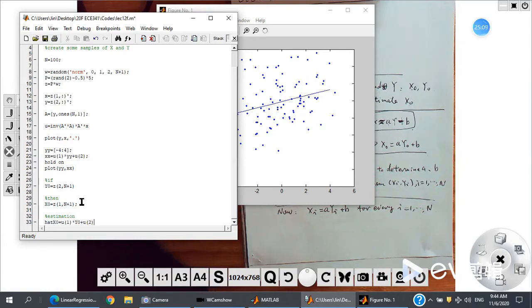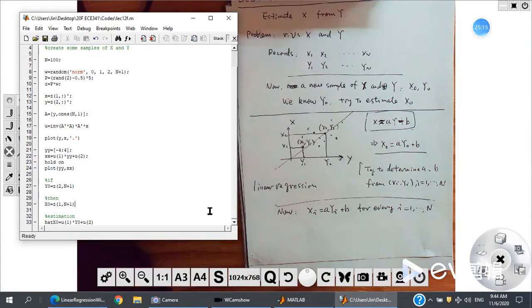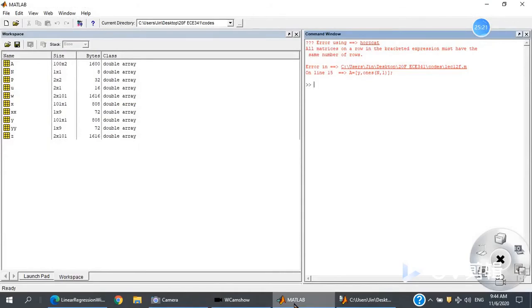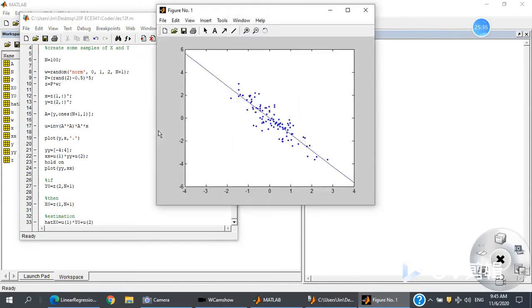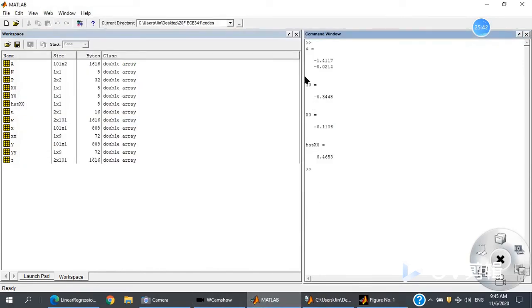Okay, we can show these three values. Then let's run it. Good. I got something wrong. Oh, this is n plus 1. Yeah, and this one I also need to change the size. Here's n plus 1.